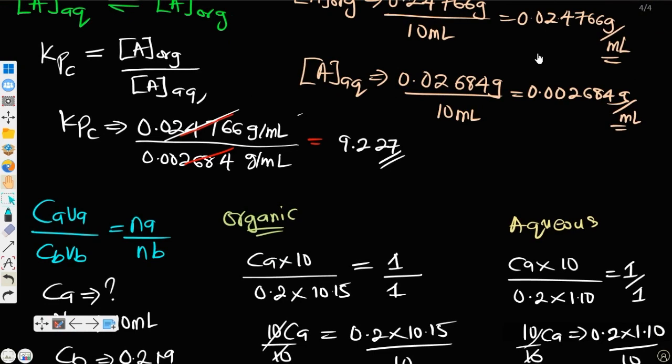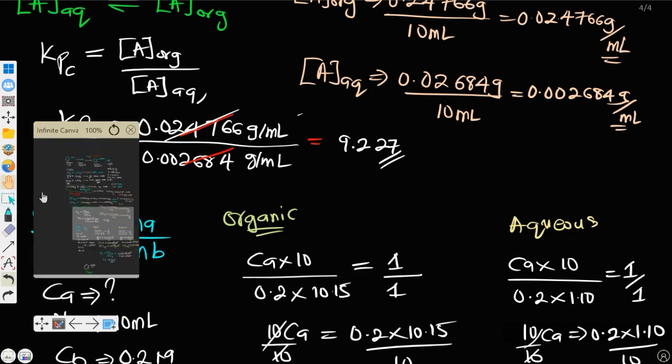The first one for the organic, 0.02476 gram per mole, right? And for the aqueous phase is 0.02684 gram per mole.